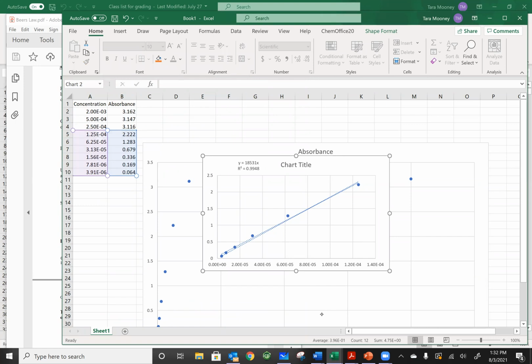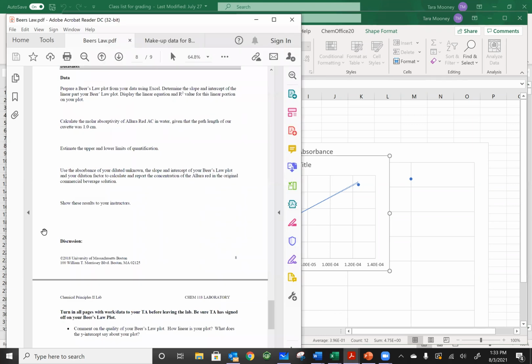So our upper limit in this case would be 1.25 times 10 to the minus 4th molar, because that is our last linear data point. As far as we know, based on the serial dilutions that we did, that is as linear as we got. So that is our upper limit.